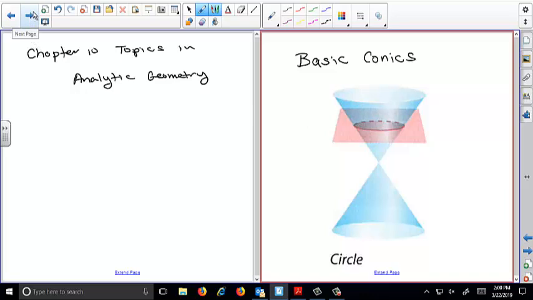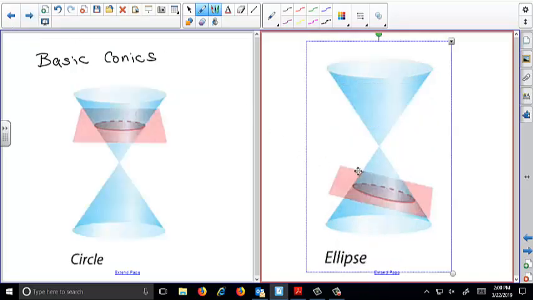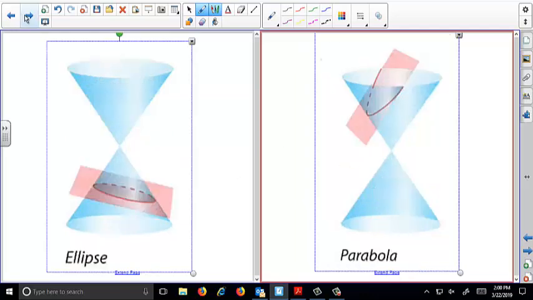Now the next one, which the circle is a special case of, is an ellipse. With an ellipse, instead of having your plane horizontal or perpendicular to the axis of the cone, it's at an angle, and so it gets stretched out. Another word we would think of with an ellipse is an oval, but we'll find out that a circle is a special case of an ellipse in terms of how it's defined numerically.